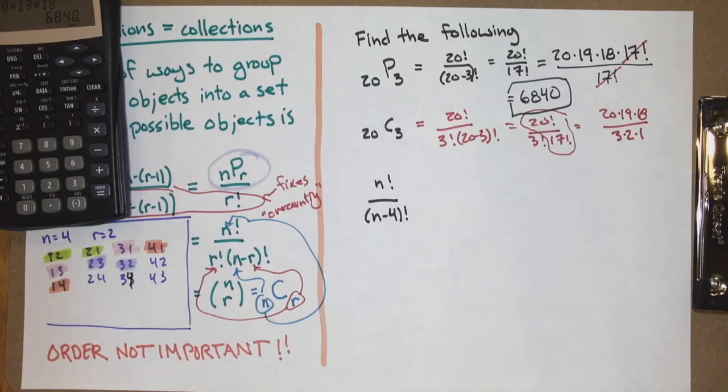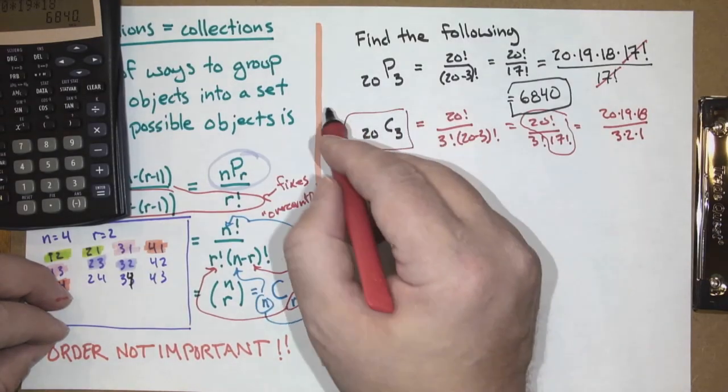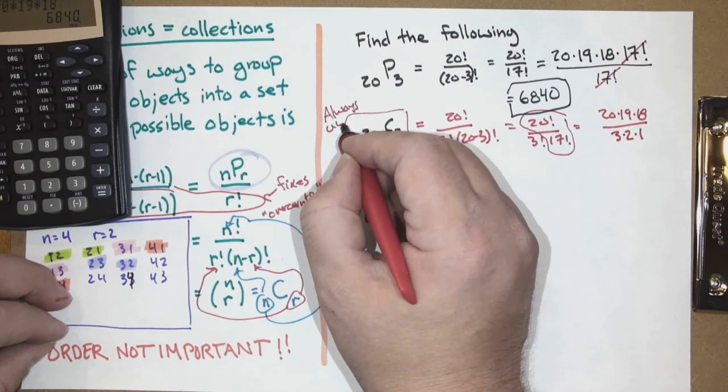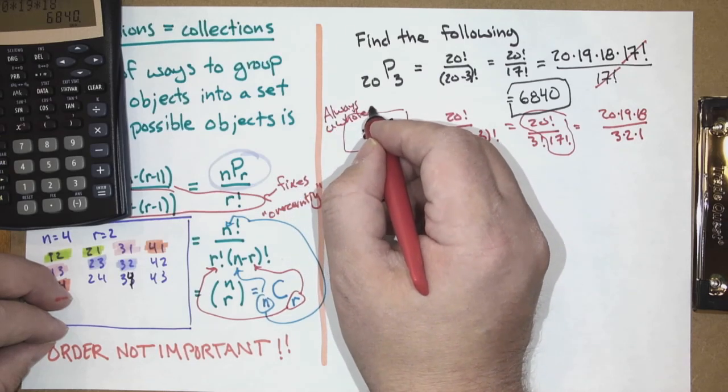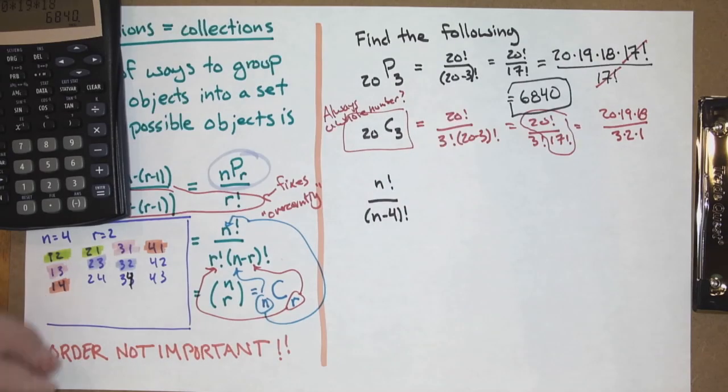Now, a question. Will this always be a whole number? If I ask you, like, 75 choose 31, will it always be a whole number? Or might there ever be a fraction?